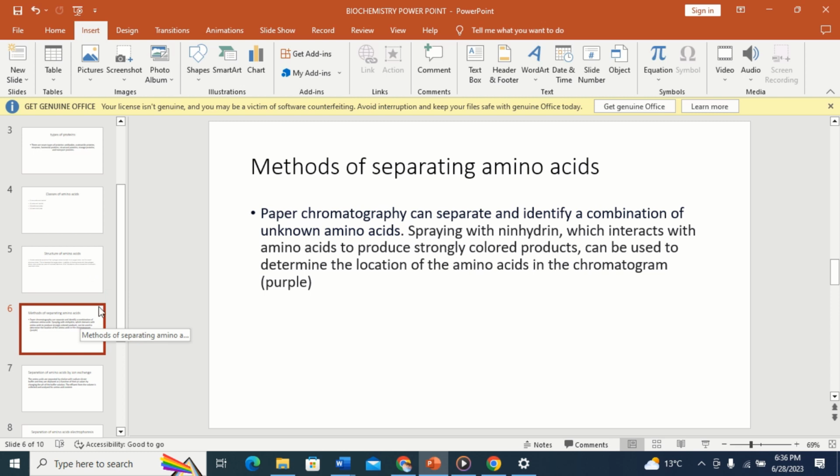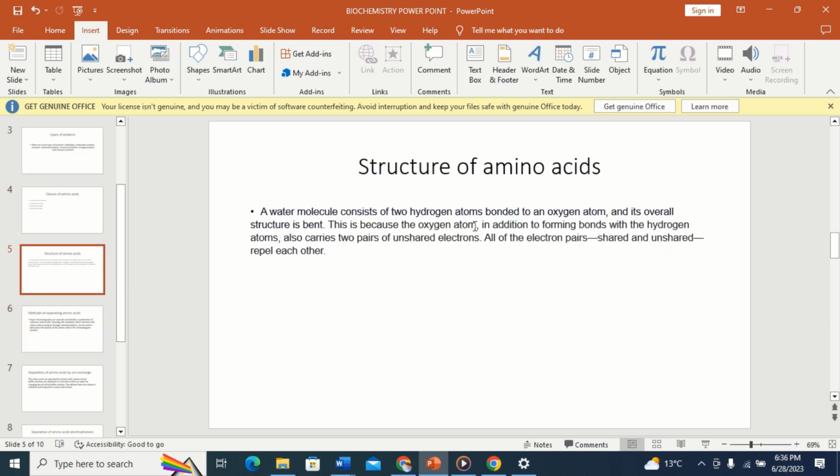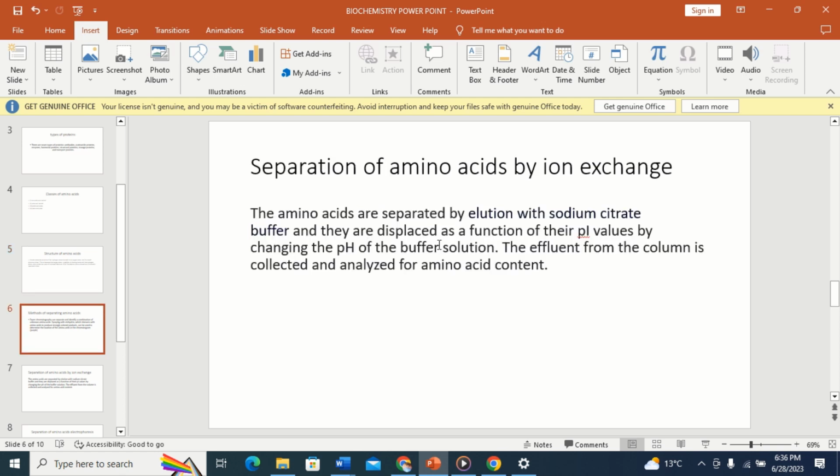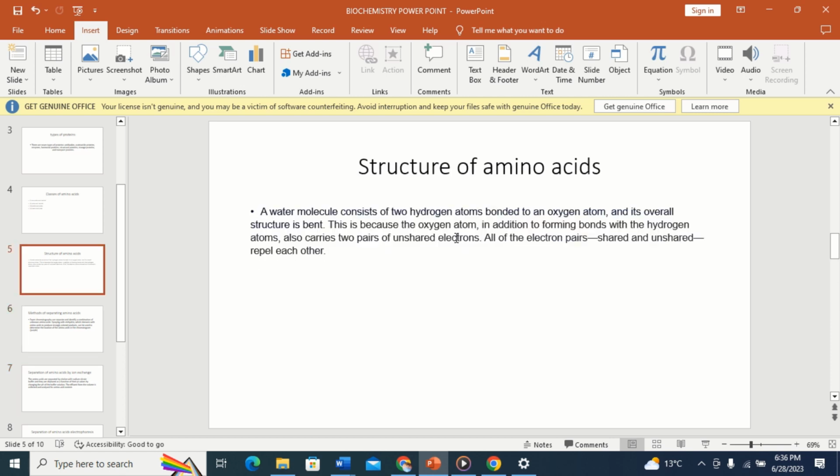In amino acid, this is how we make amino acid. In amino acid, we always have the amine group. You know how to write the amine group. That is NH2. There is a typing error that occurred in my slide, but we always know that amino acid is made up of the carboxylic group and a hydrogen. Then we have the R group.